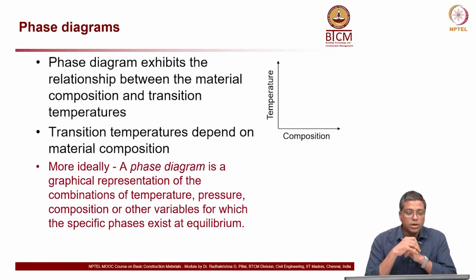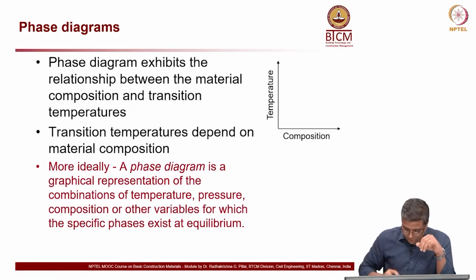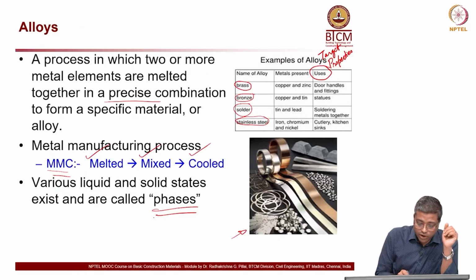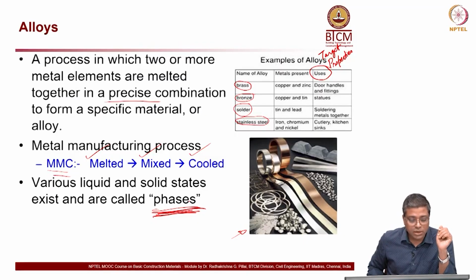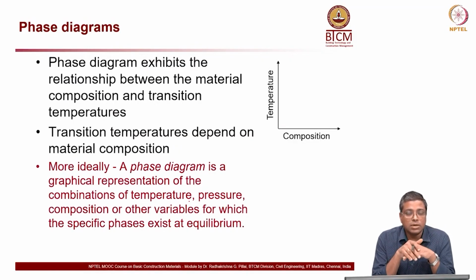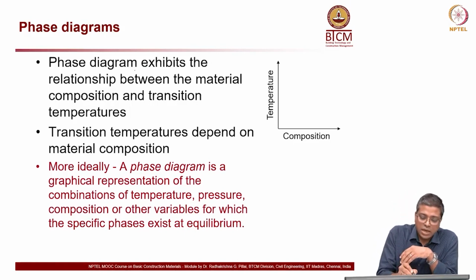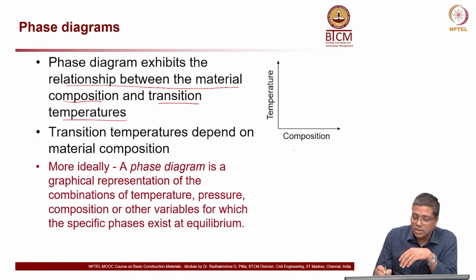Now, phase diagram. We just discussed different phases here, right. Various liquid and solid phases might exist depending on the temperature of the material. This is generally understood by something called a phase diagram. A phase diagram exhibits the relationship between the material composition and transition temperature.